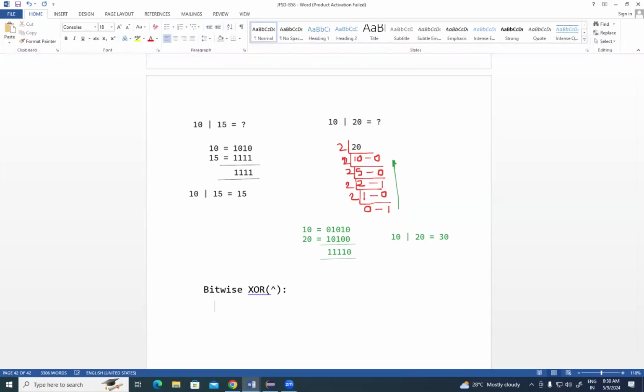Now, I'll write it like this: bitwise XOR results in 1 if the corresponding bits are different. Otherwise, the result is 0.